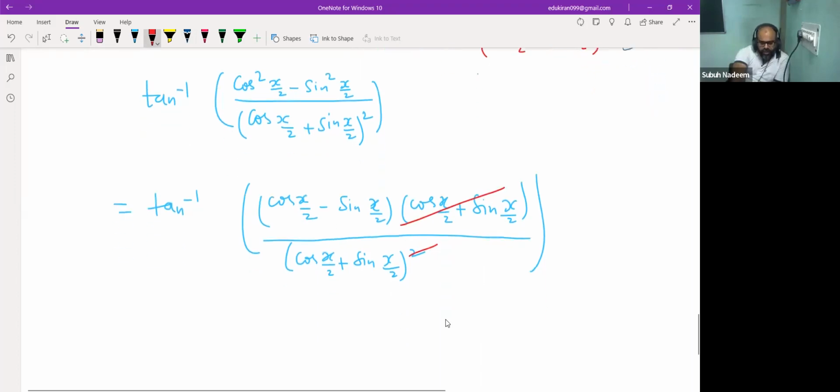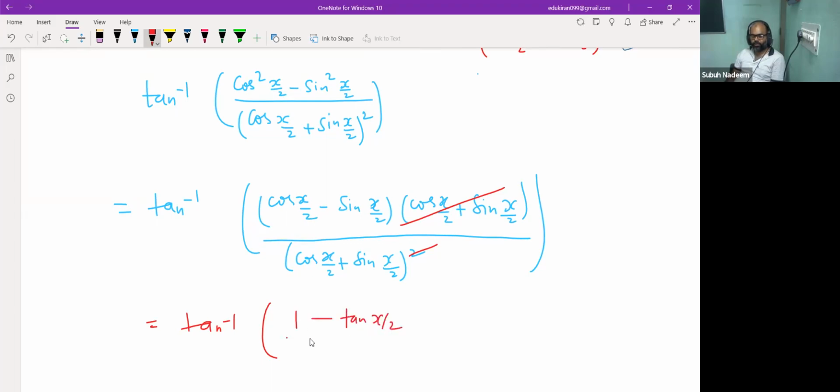Then what we will do is tan inverse of cos x by 2 minus sin x by 2 by cos x by 2 plus sin x by 2. So we will divide by cos x by 2 in the numerator and denominator. So this will become 1, this will become tan x by 2. And in the denominator, cos x by 2 by cos x by 2 is 1, and sin x by 2 by cos x by 2 is tan x by 2.